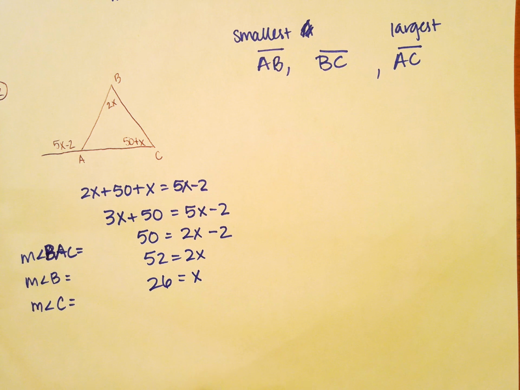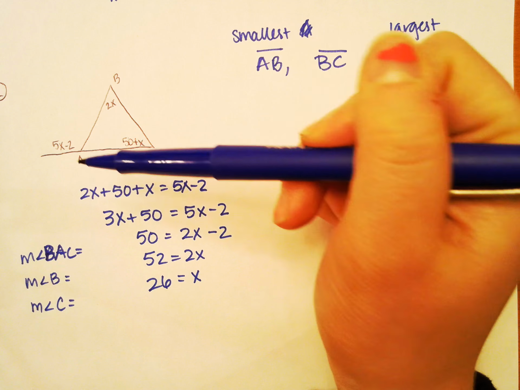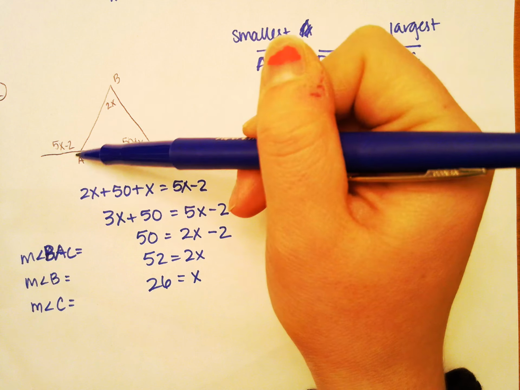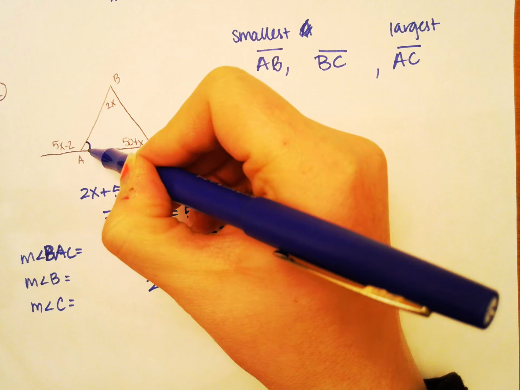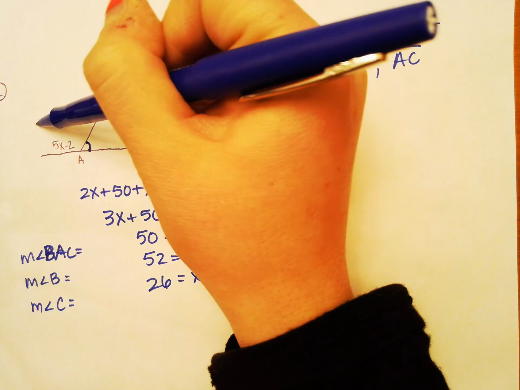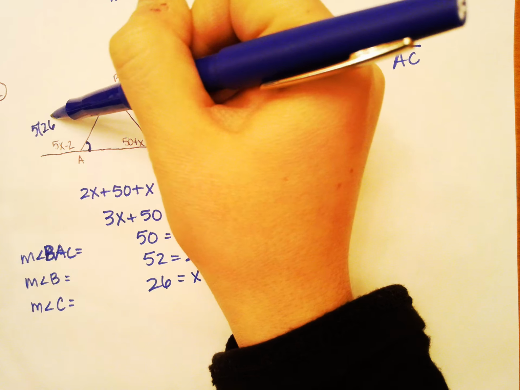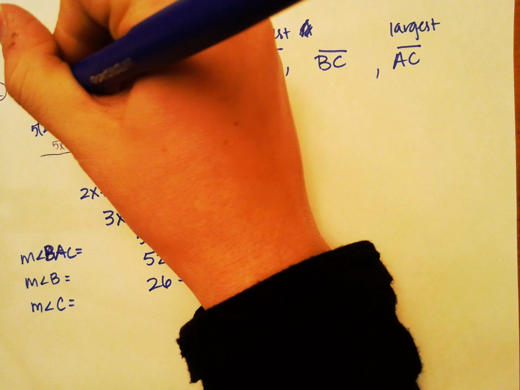So then we're going to come up with all the angles in my triangle. So our first angle that we have is here. This is angle, I originally called it angle A, but I can't call it that. I have to call it angle ABC. So this angle is the supplement to this angle here. So if I plug in 26 to my exterior angle, 5 times 26 minus 2, I can come up with that angle, which will end up being 128.